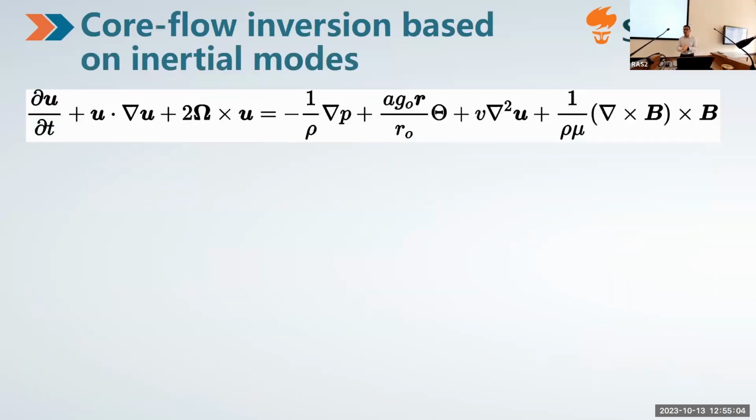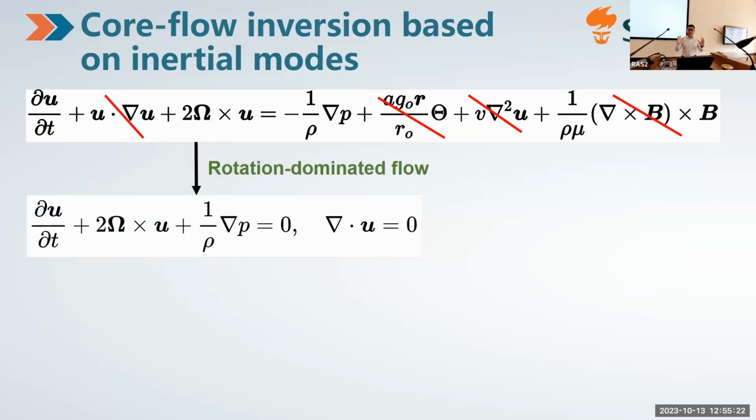So here we use an intermediate approach. As Professor K.K. Zhang has mentioned, it is very demanding to solve the full Navier-Stokes equation. But from both theoretical considerations and numerical simulations, we know that the leading-order force balance for the Earth's core dynamics is a rotationally dominated flow.